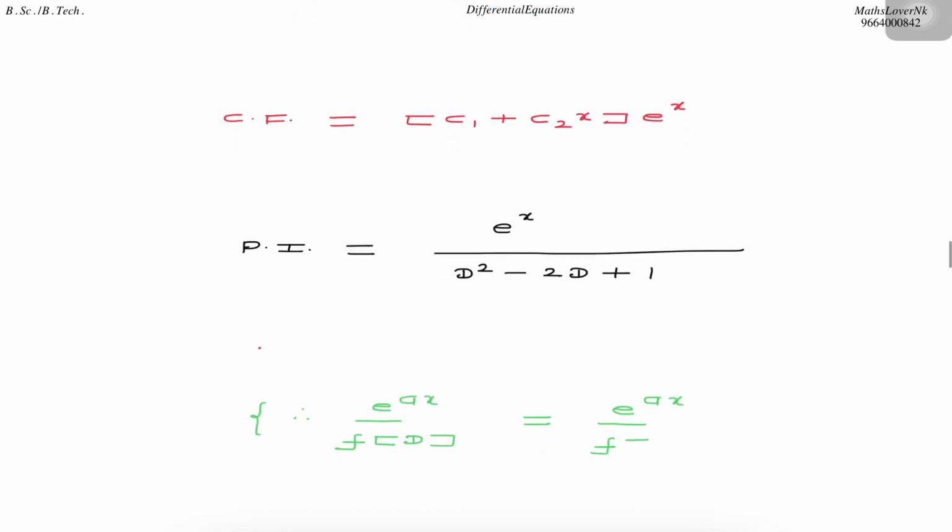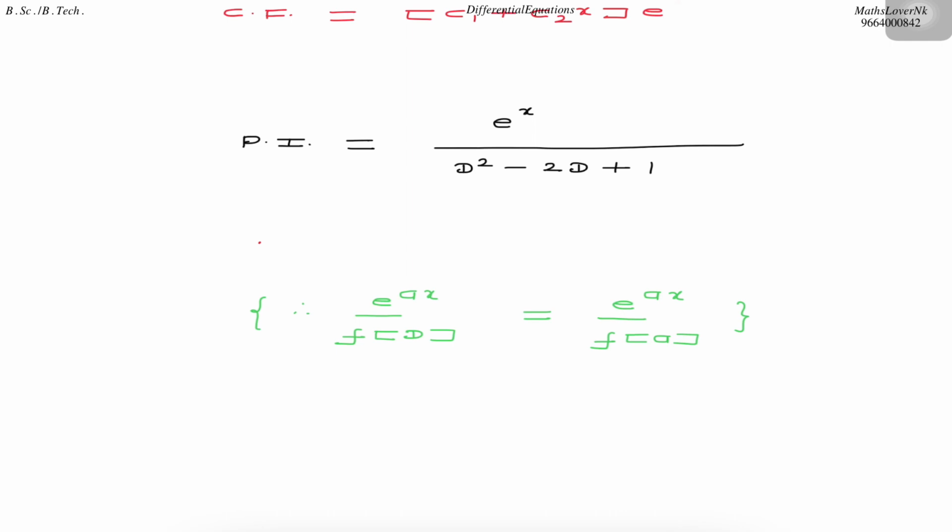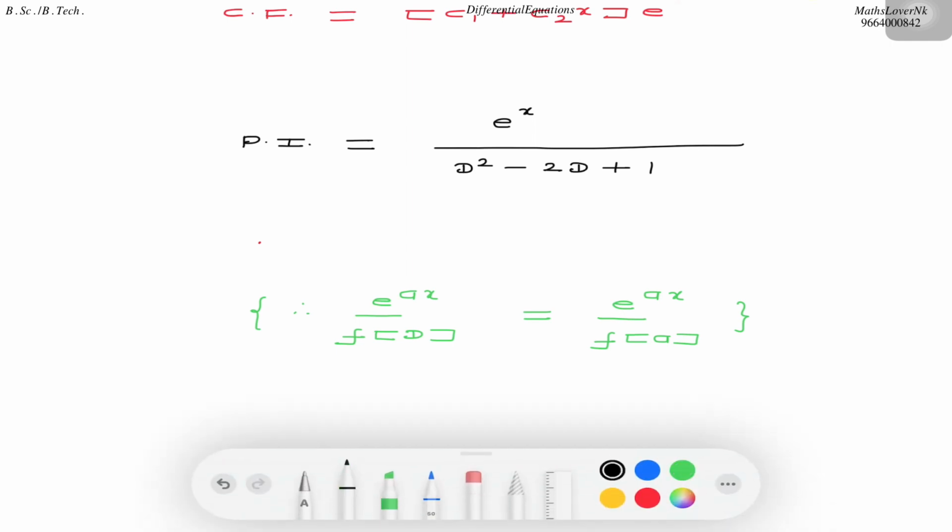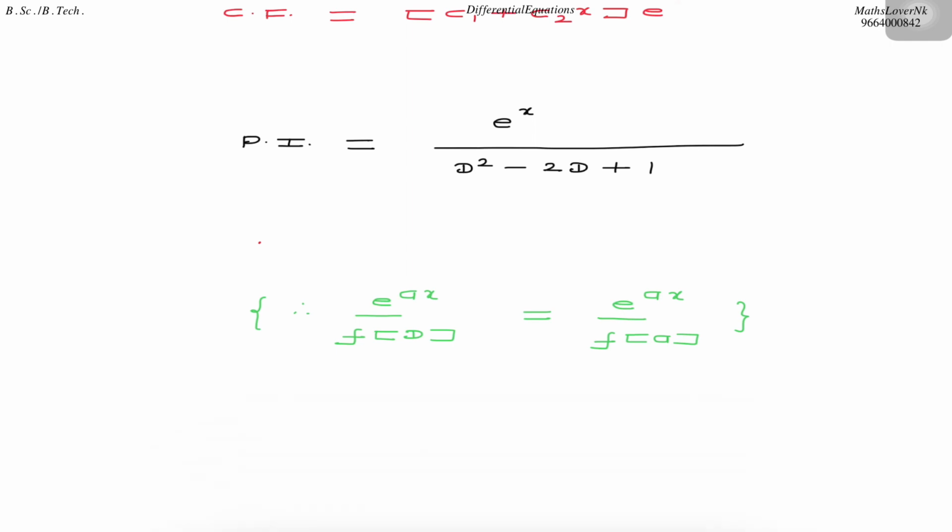Now again apply this. We see that if D is equal to 1, then 1 square minus 2 plus 1 is 0, so it does not satisfy.